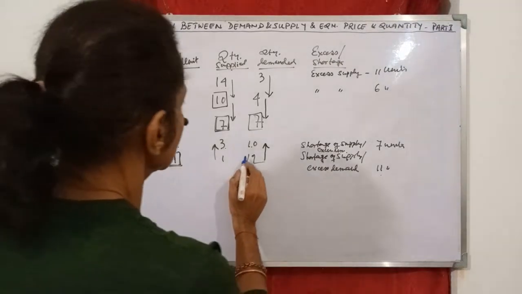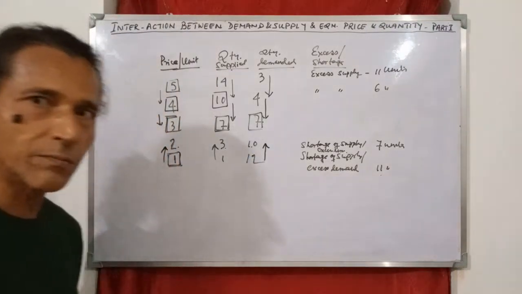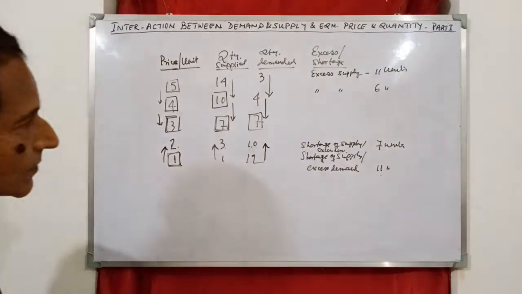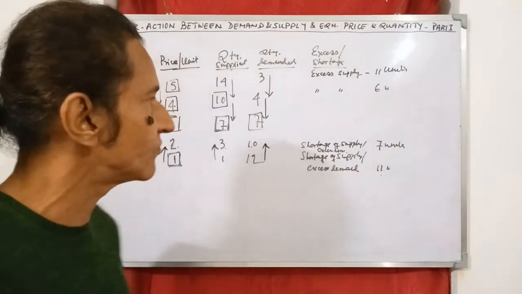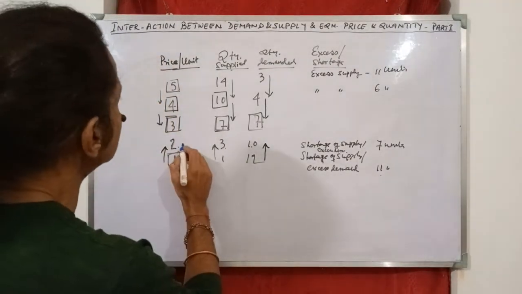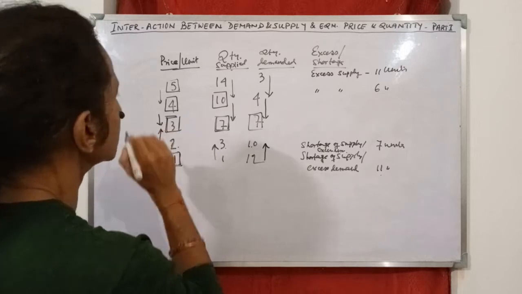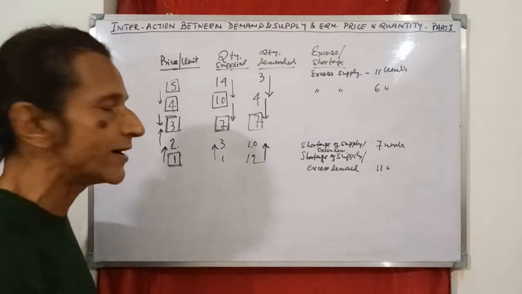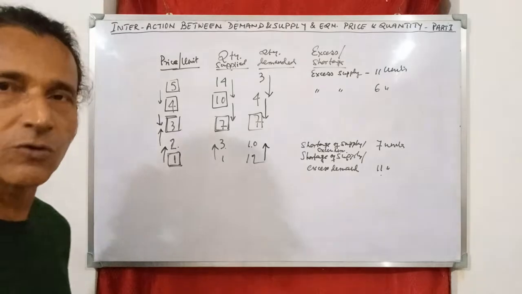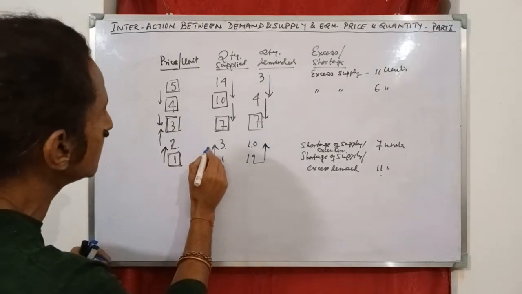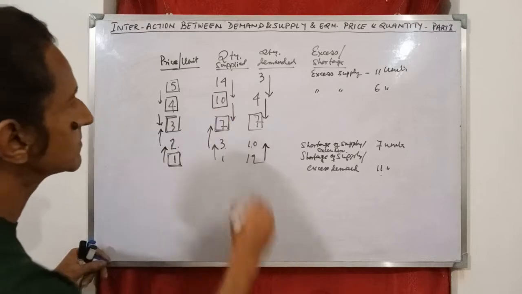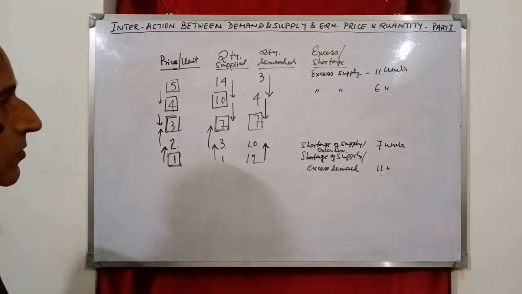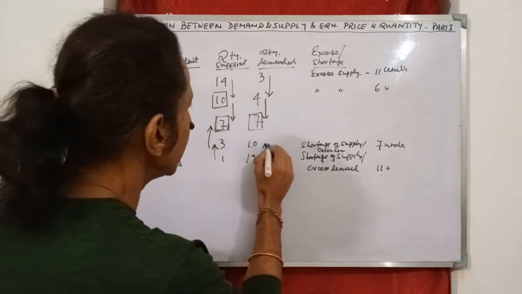So here again there will be competition among the buyers to buy the commodity which is relatively scarce, and that competition among the buyers will further increase the price from 2 to 3. As price increased, suppliers will find it more profitable to supply more. So quantity supplied will rise from 3 to 7, and since price increased from 2 to 3, quantity demanded will fall from 10 to 7.